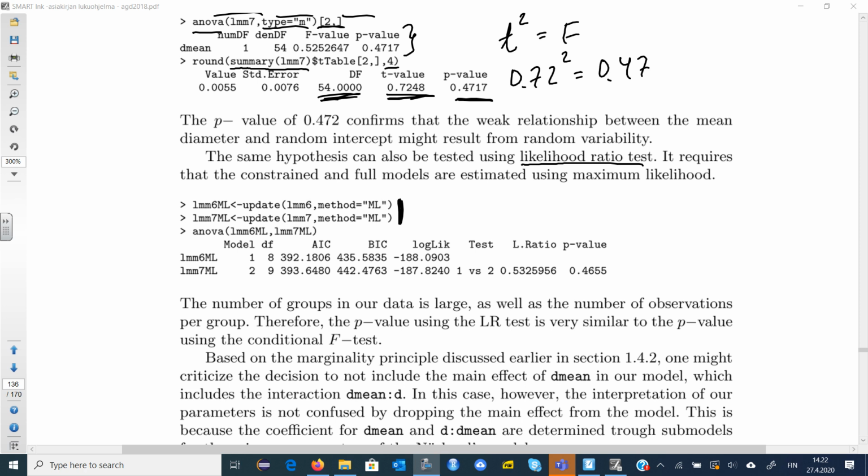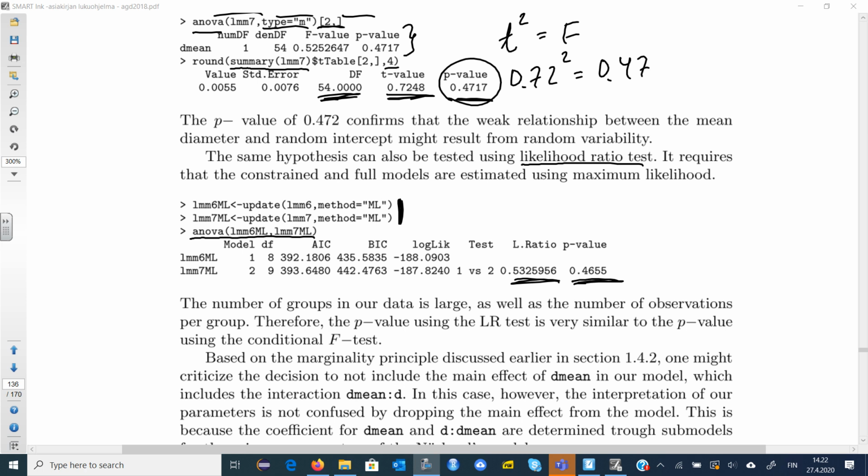And then we can do the test by using the two-argument form of ANOVA, and what we get, the test statistic gets value 0.53, and the p-value related to that is 0.46, which is very close to what we obtained from the previous F or T tests, but not exactly the same, because now this likelihood ratio test is a different test.